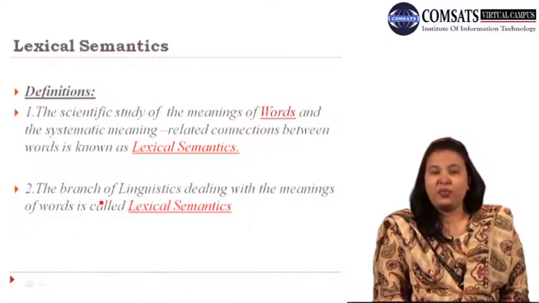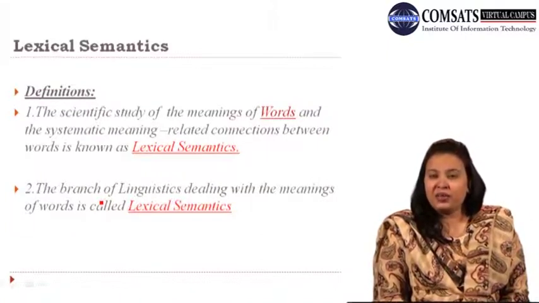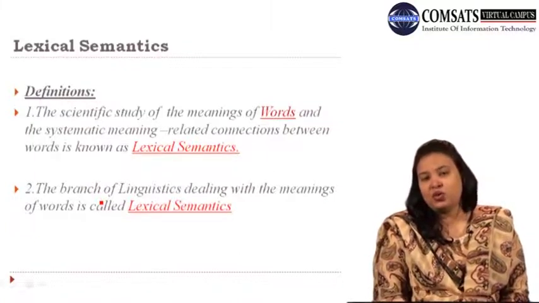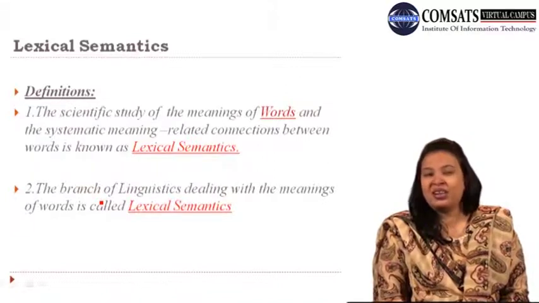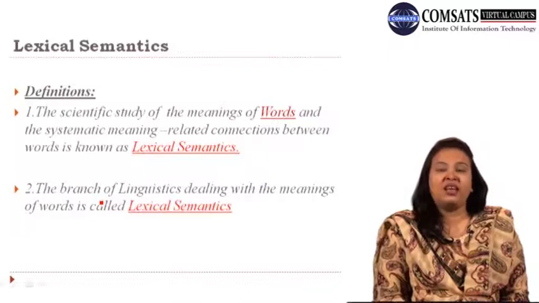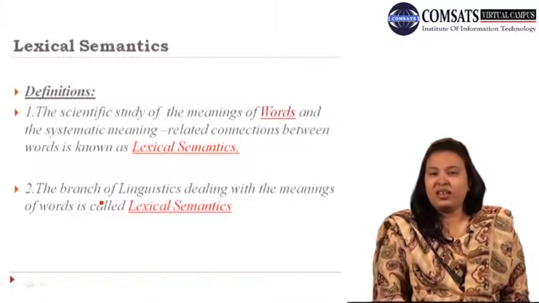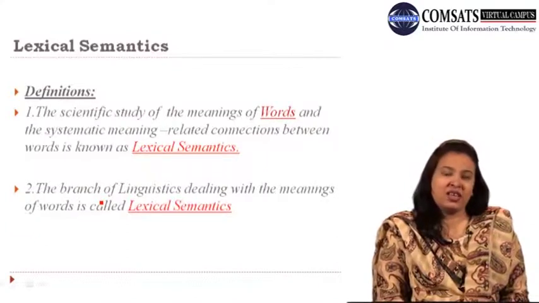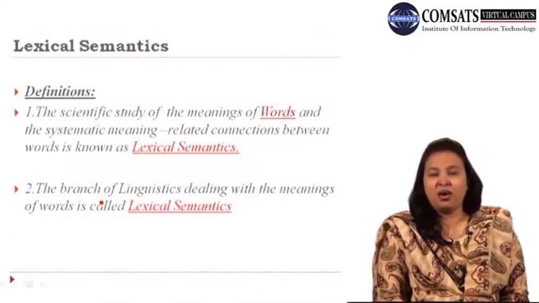There are words, we have individual meanings for those words, but sometimes words have meanings in relation to other words. So all these types of meanings, whether individual meanings of words or related meanings of words that we call systematic meanings, this type of study falls in the category of lexical semantics.